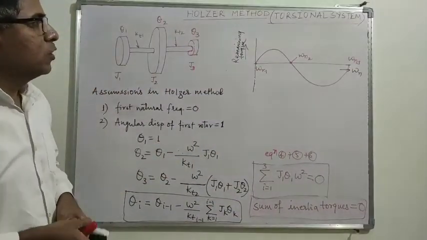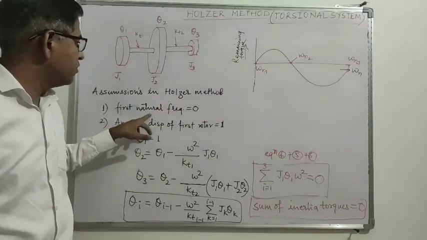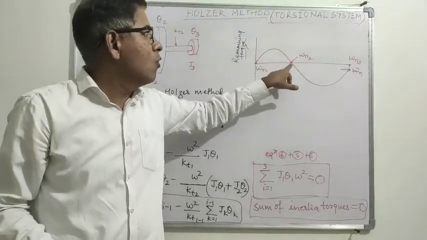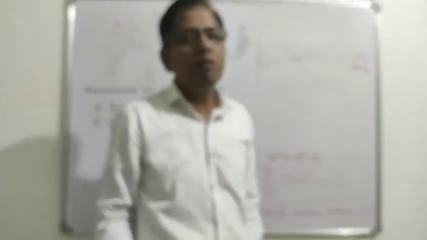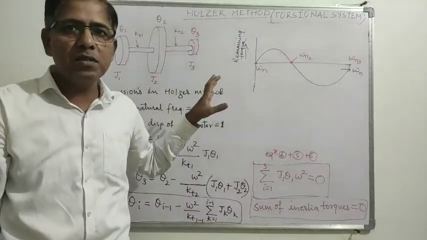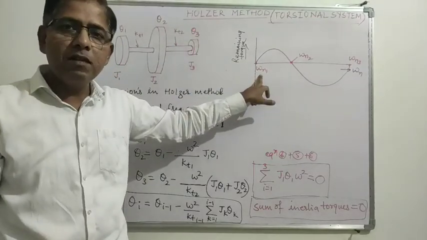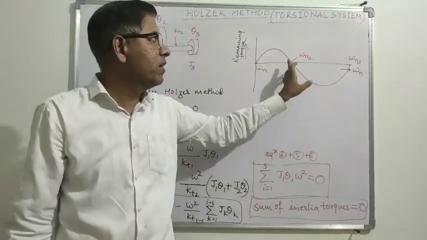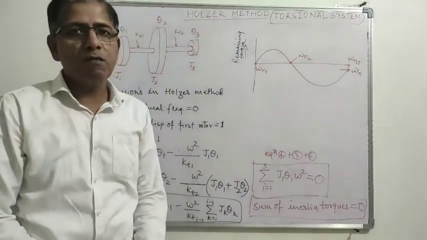The first assumption is that the first natural frequency is 0, so omega n1 is 0. Omega n2 and omega n3 will have some values. This is a 3-rotor system, so there are 3 natural frequencies, but if you apply the Holzer method, the first natural frequency will always be 0, whereas omega n2 and omega n3 will have some values.